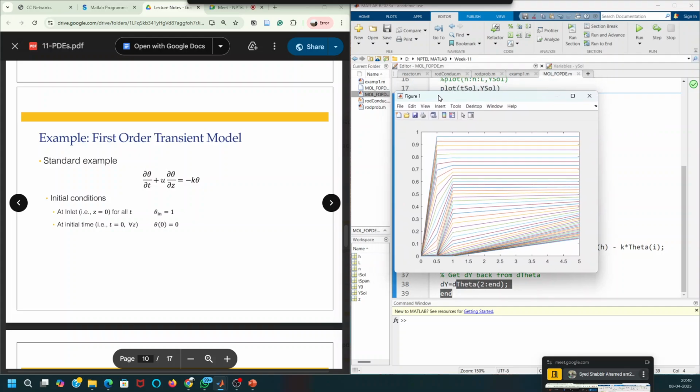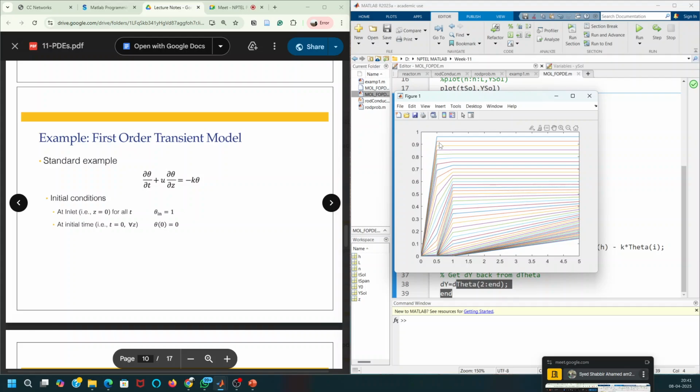This is how it is looking. We have 50 segments, so for all the nodes except the first point, this figure has 50 plots.